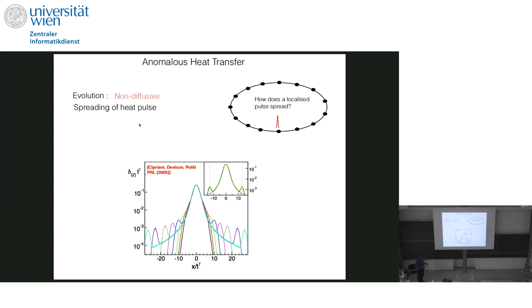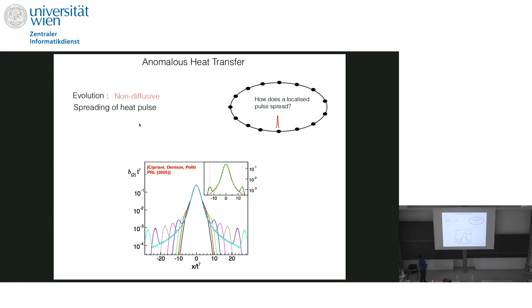It will spread. In systems exhibiting diffusive transport, you would expect the pulse to spread diffusively. But in systems exhibiting anomalous transport, the pulse spreads non-diffusively. I'll talk about that more later.